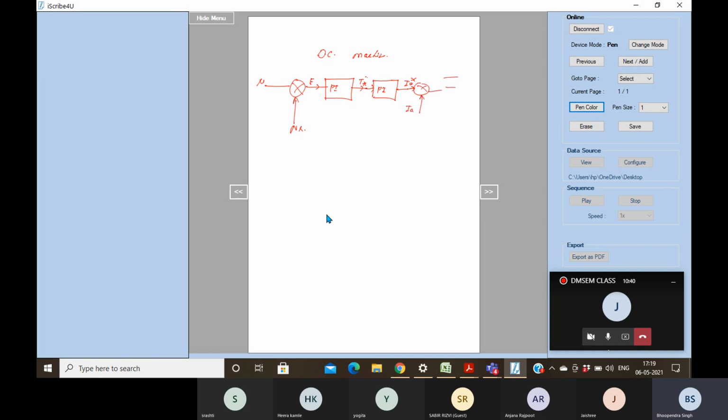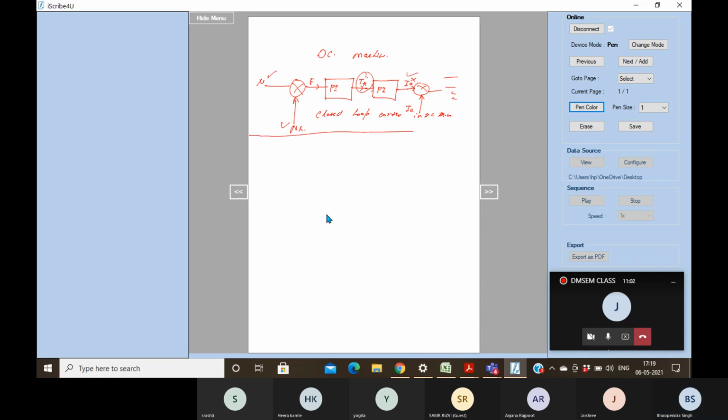So this is the closed loop control in DC drive, isn't it? Here also the difference of the speed is controlled by the armature current. In fact, it is controlled by the torque.